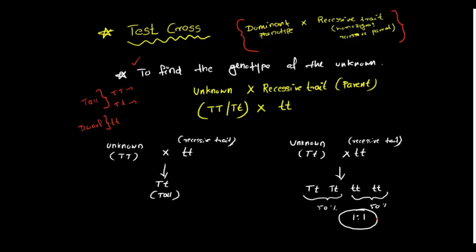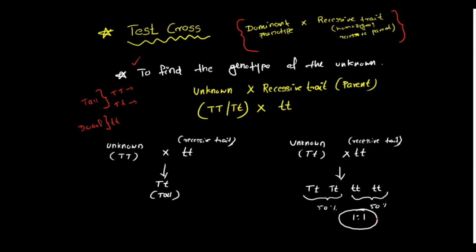Let's imagine that the unknown genotype is capital T capital T. If you are crossing this capital T capital T with small t small t, that is called a test cross, and we will get the offspring as tall plant. All the offspring are tall plants.